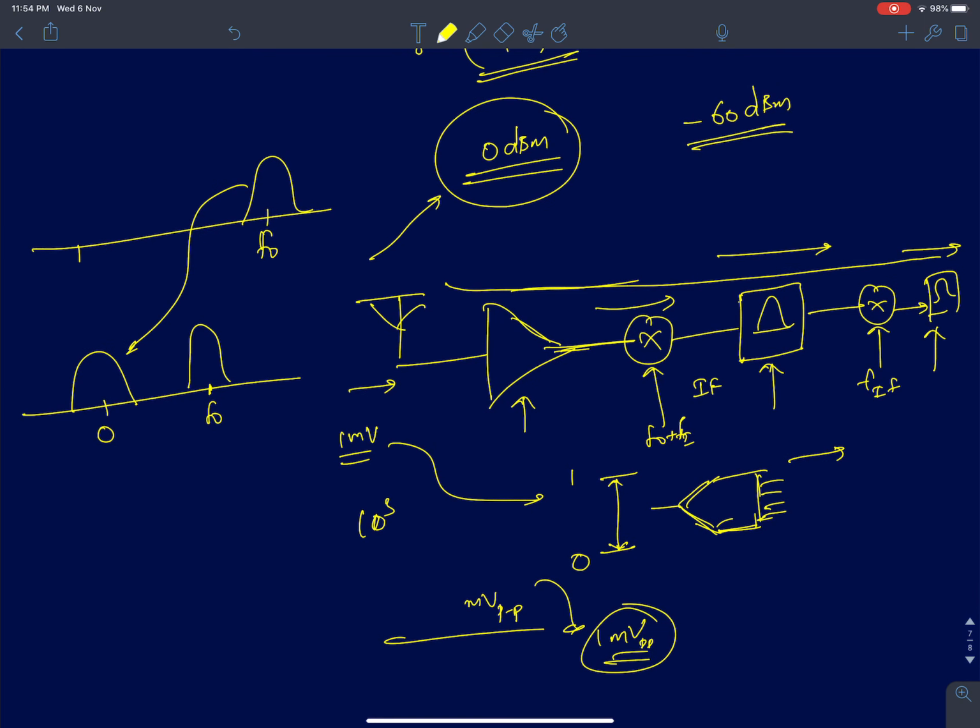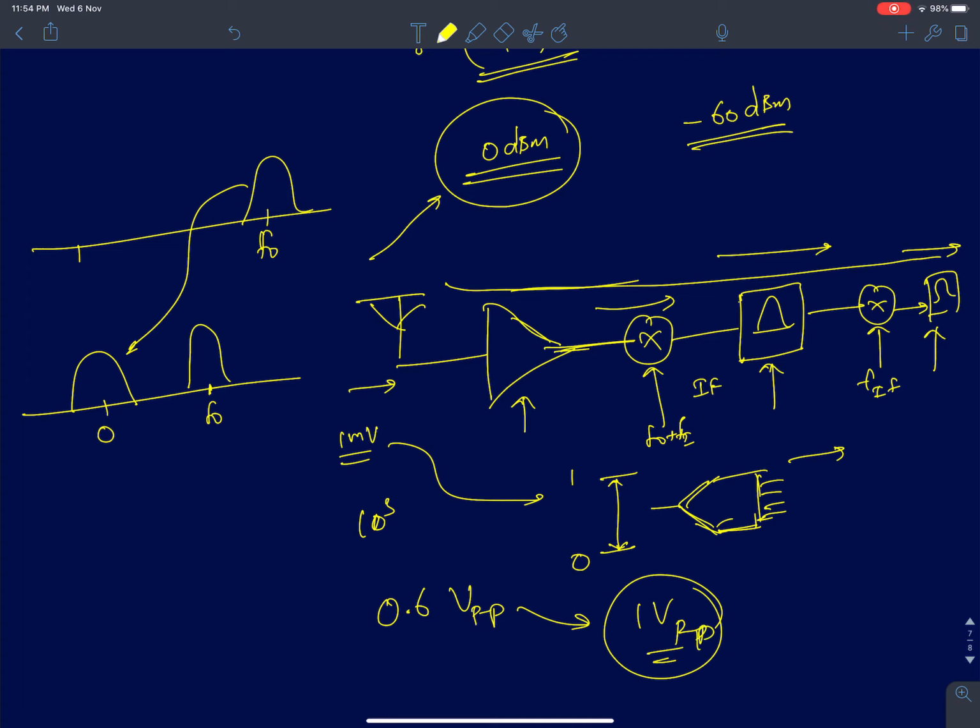For 0 dBm it corresponds to 0.6 volt peak to peak, or 1 volt peak to peak. Approximately I'll assume 1 volt peak to peak. This is a very weird approximation, but I'm just using it for explaining an idea here.